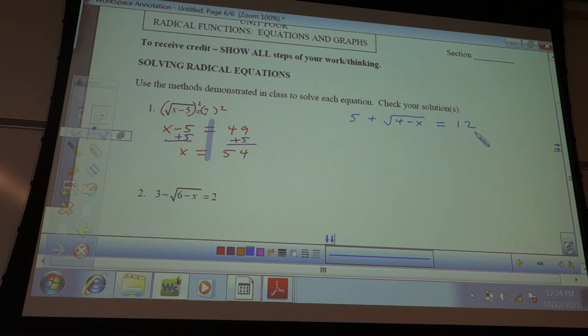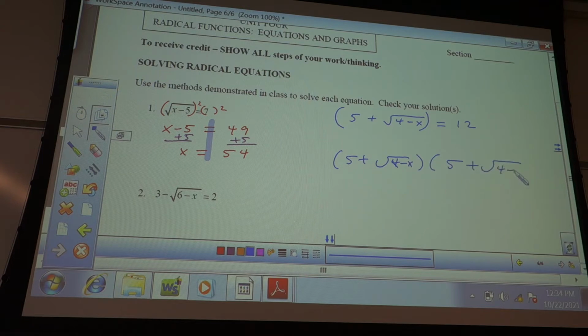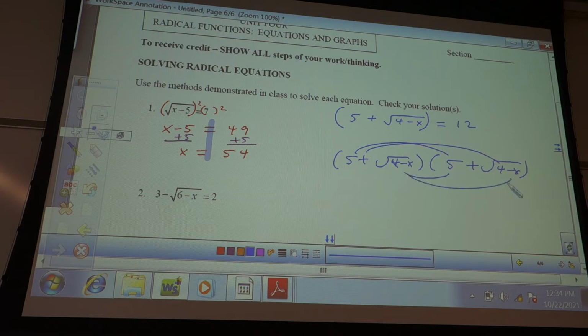Okay, what's the first thing I want to do? Square it. Nope, if I squared it, I'd have to FOIL this times that, this times that, this times that, that times that. That's a total nightmare. Everybody agree? We do not want to do that.